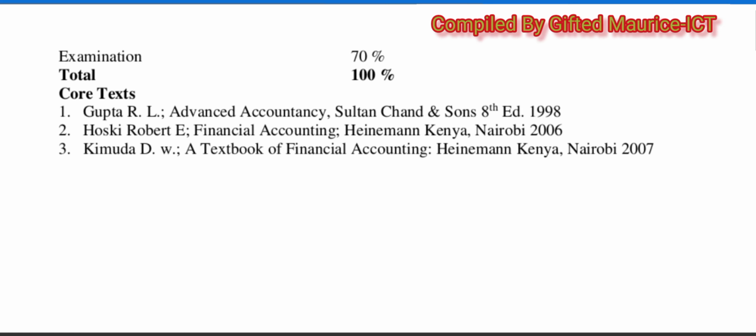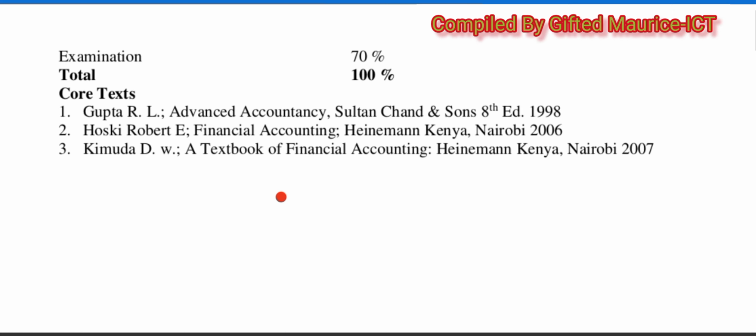So the core texts of the course are the ones that you can see on your screen. We have Financial Accounting by Heinemann Kenya, a 206 book, and we have Financial Accounting by Kimoda, published by Heinemann Kenya, and then we have Advanced Accountancy by Gupta, by Sultan Chandra and Sons of 1998.